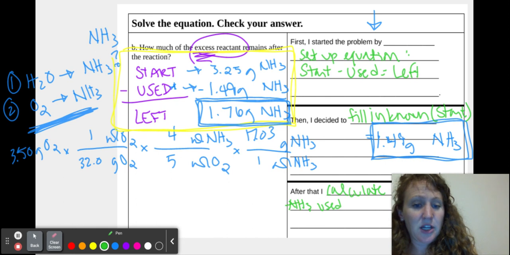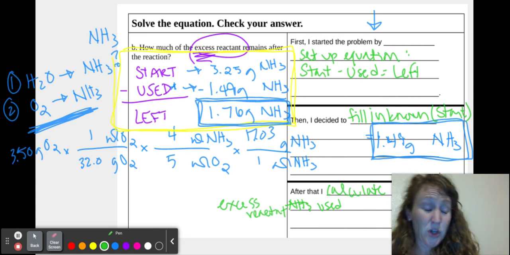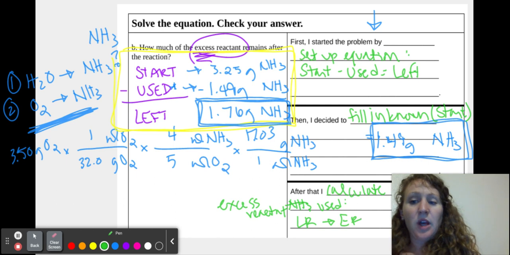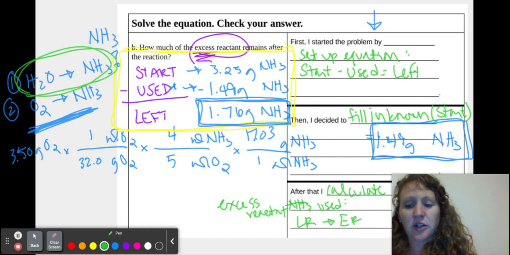Or instead of putting NH3, you can also put excess reactant to keep it more general for yourself. And we calculated the excess reactant by going from the limiting reactant to the excess reactant. Remember, we also could have gone from our amount of product we made. Oh, actually, which we never calculated water, did we?